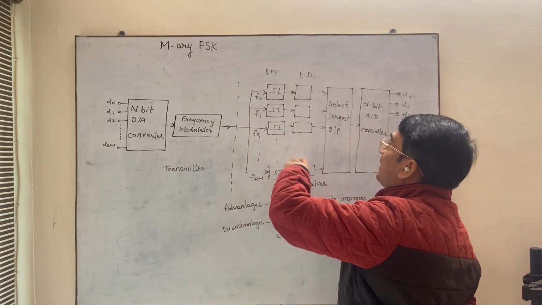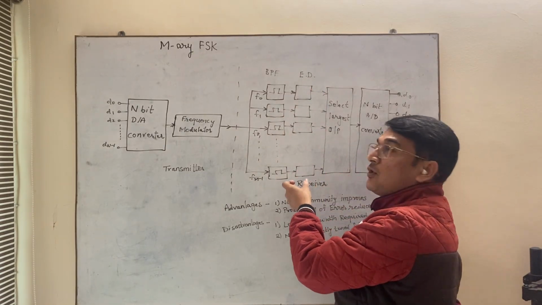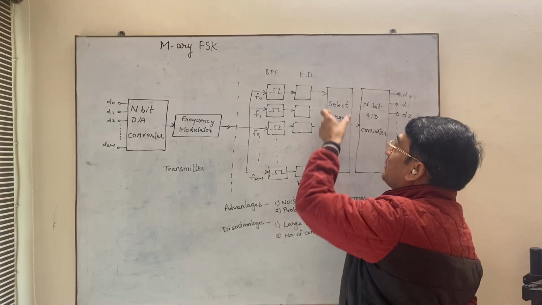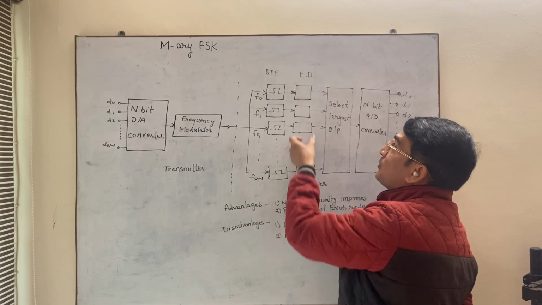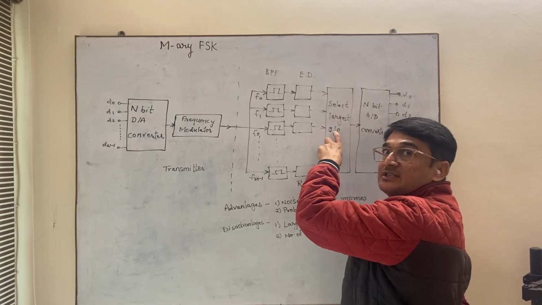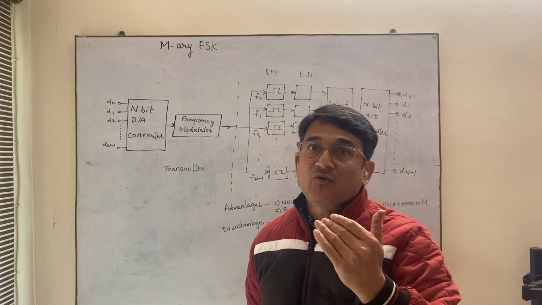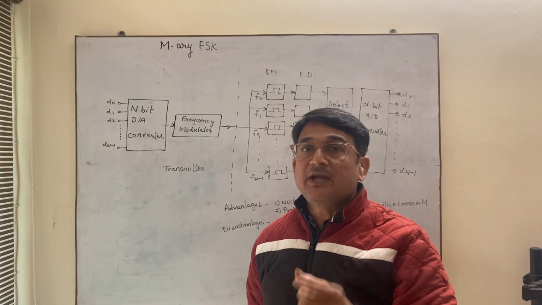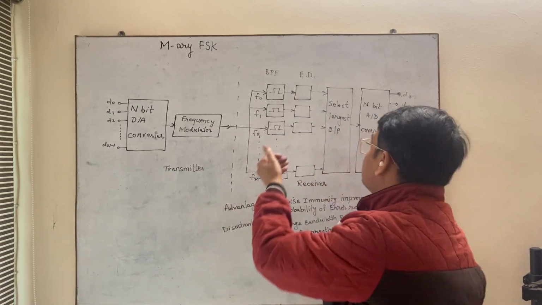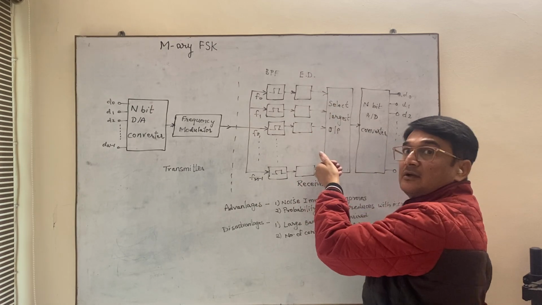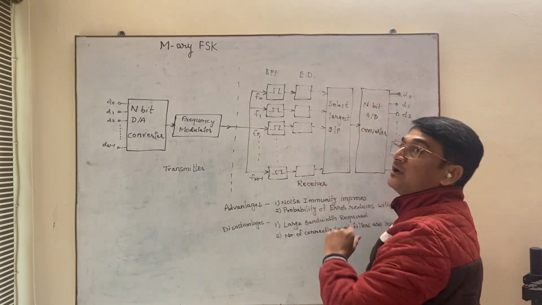Here you will get a modulating signal in analog form, which is given to the select largest output block. This block selects one output at a time. Obviously at a particular instant there will be one signal which is the highest, so that signal is passed on and given to the n-bit D to A converter.